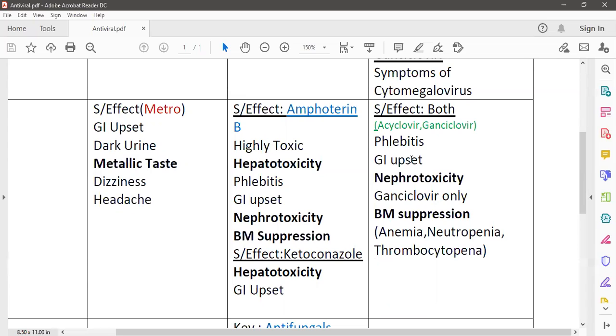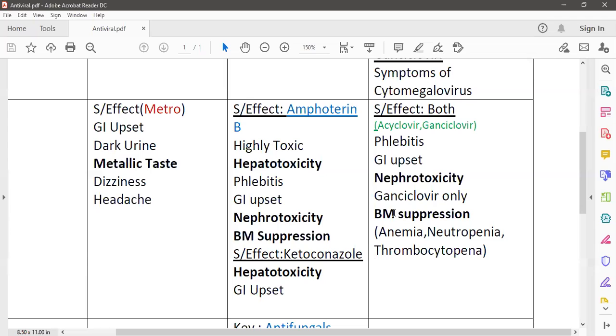Just like antifungals, they also cause hepatotoxicity and nephrotoxicity. Especially ganciclovir can cause nephrotoxicity. Acyclovir or ganciclovir both can cause bone marrow suppression.